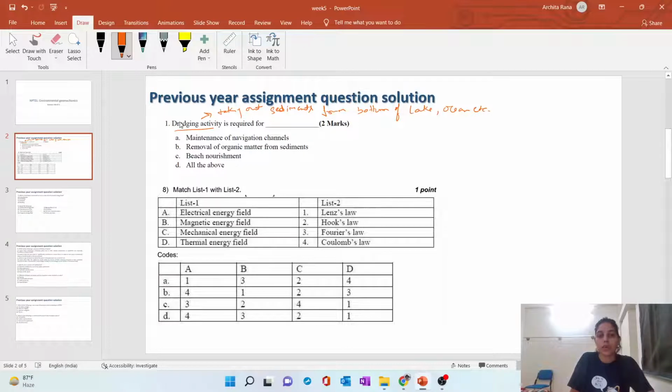The question asks why we need to do dredging activities. First is about the navigation channel. What are navigation channels? These are basically pathways for water flow.